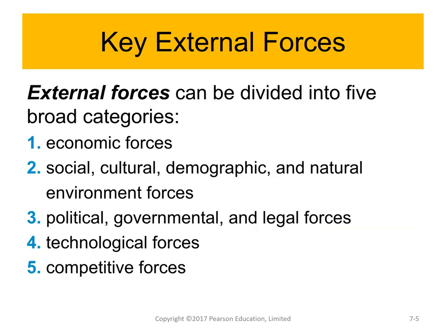Now, external forces that impact an organization can be put into 5 main categories, and they are economic forces, social, cultural, demographic, and natural environmental elements, political, government, and legal forces, technological elements, as well as competitive forces that affect a particular firm.